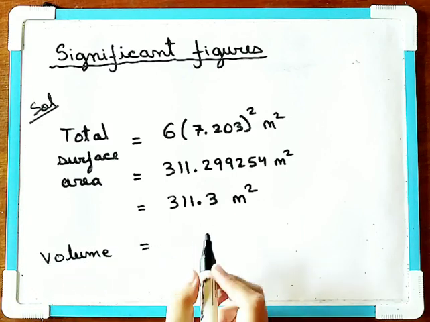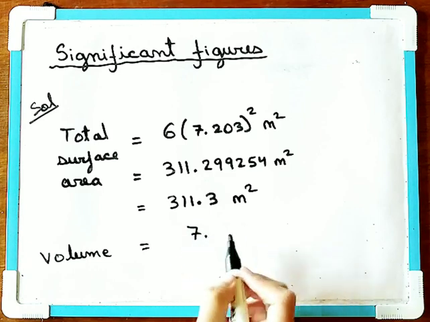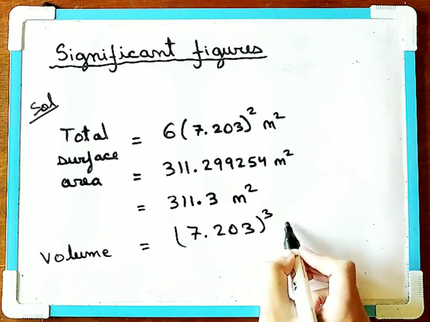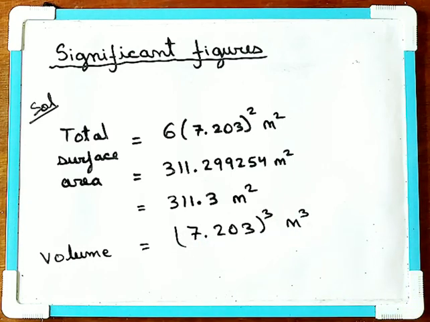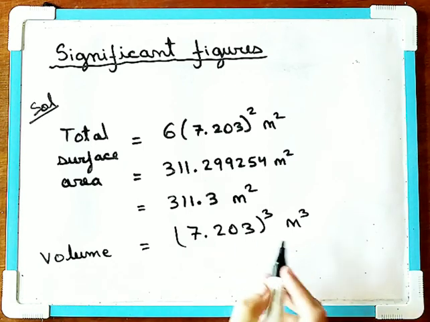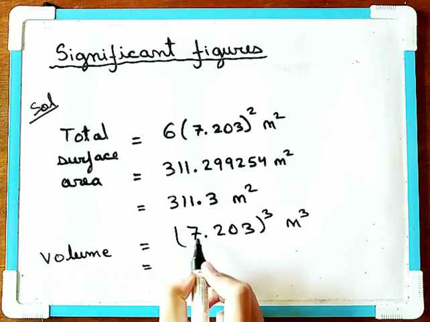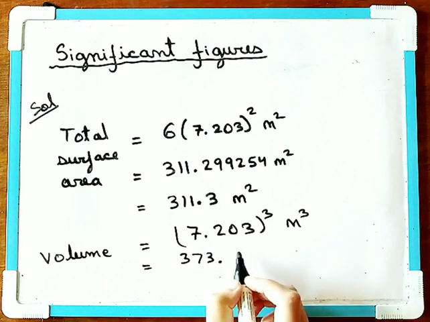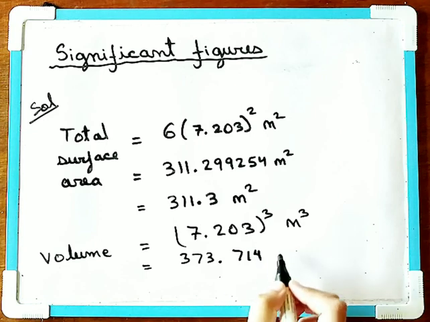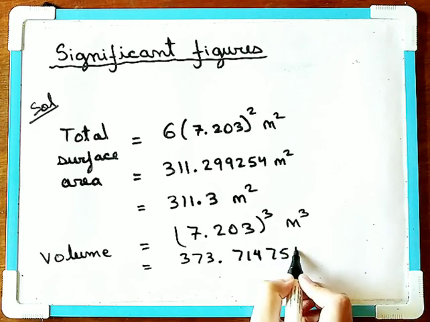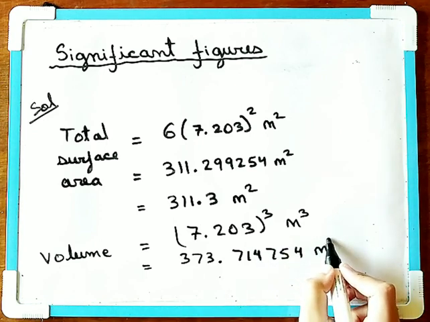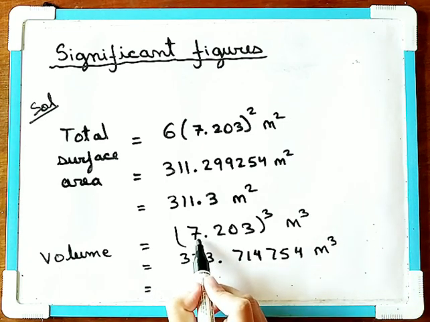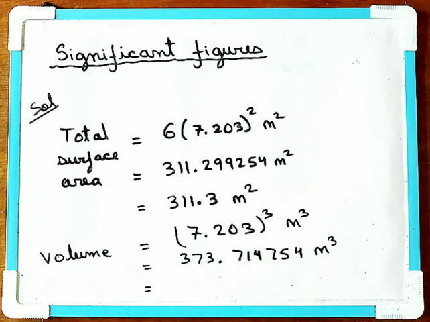Then the volume also. If you want to find the volume, you take the cube of the side. Upon taking the cube, if you multiply using a calculator, you'll get 373.714754 meters cubed. Again, how many significant figures do we have in the side? 1, 2, 3, 4, so 4 significant figures.